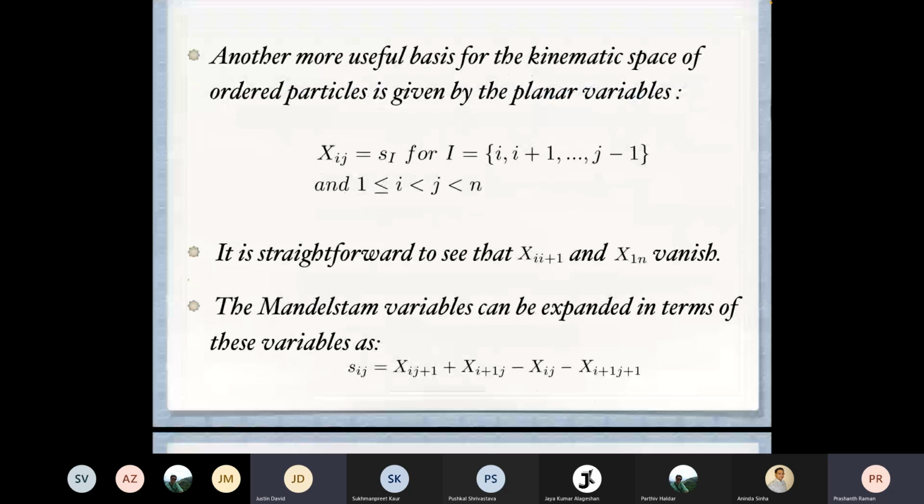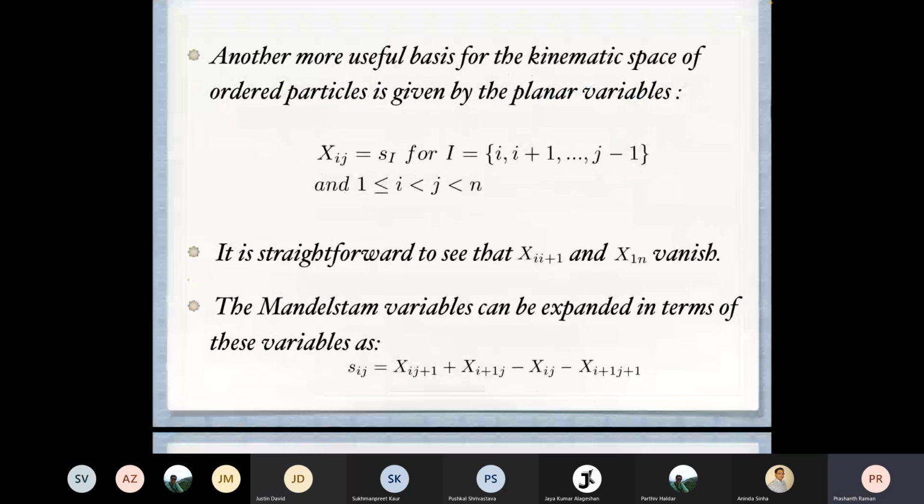Oh no, but I was wondering that S_ij's are the Mandelstam variables and they have relations. But if you write it in this fashion, these x's are totally independent? You mean amongst themselves? Yeah.